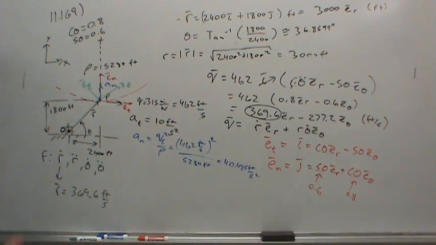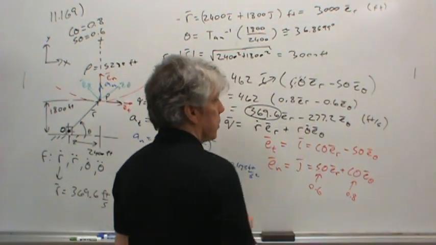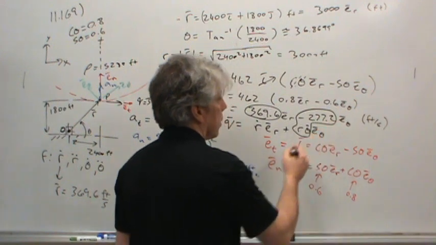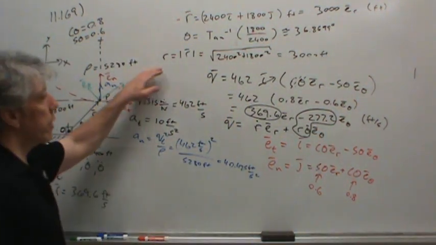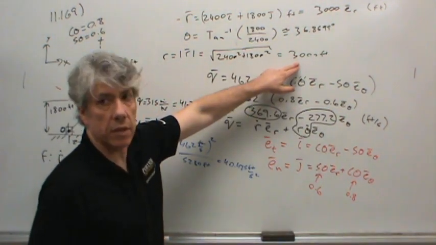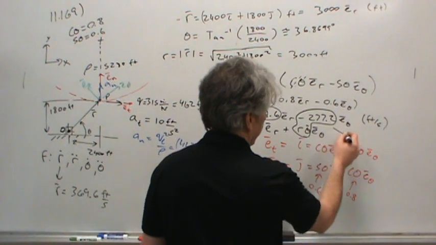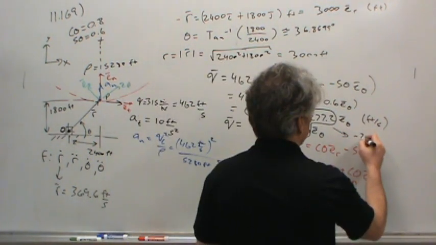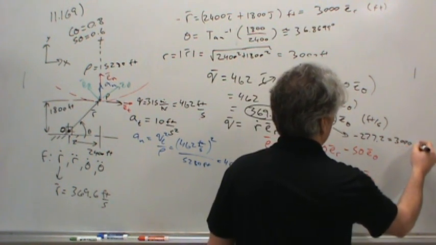We're sort of working things a little bit backwards here. And R theta dot is 277.2. Well, negative 277.2. Could we figure out theta dot from this? Yes. We already know the magnitude of R. It's 3,000 feet. Right? So what this tells us, I want to erase these transformations, is negative 277.2 equals 3,000 theta dot.